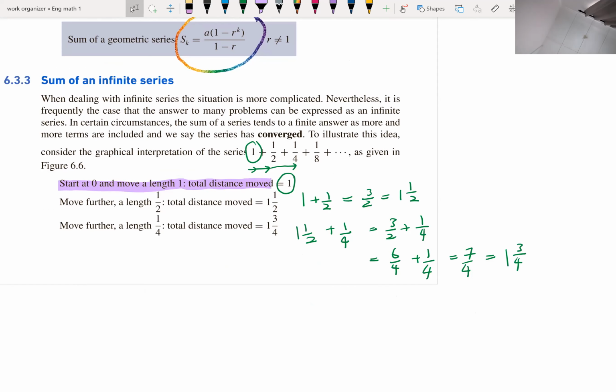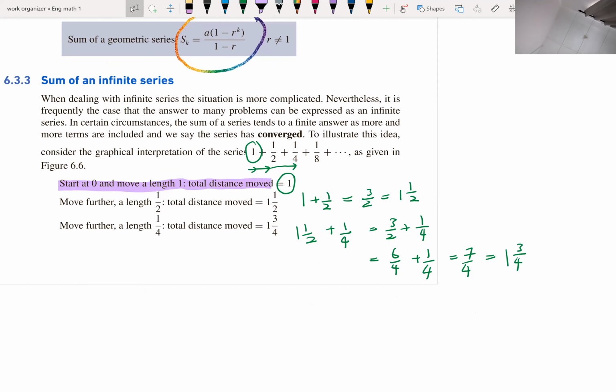Next, the sum of an infinite geometric series. We know already this is the sum formula to calculate for a geometric series.